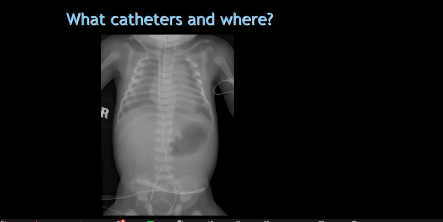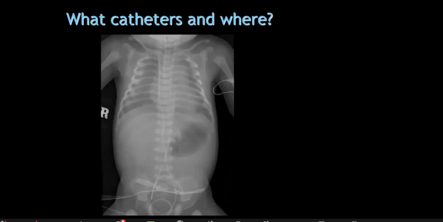So again, that's the malposition umbilical artery catheter, but the UVC is also a straight line, which I can see is going into the superior vena cava. The upper tip is in the superior vena cava, so it should be in the right atrium. So I will ask the emergency team to retract it back and put it in the IVC or in the right atrium.